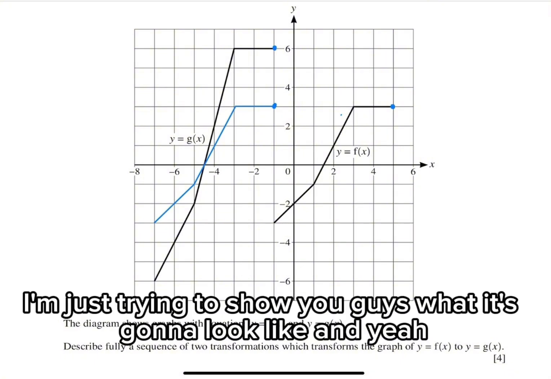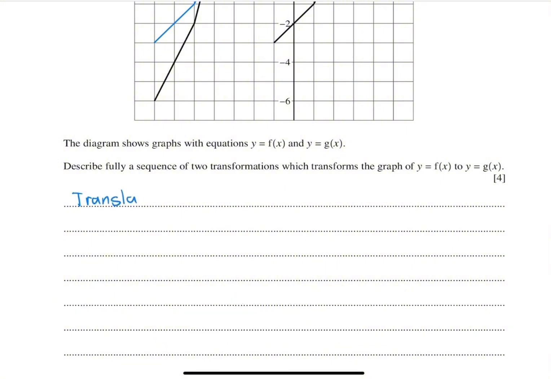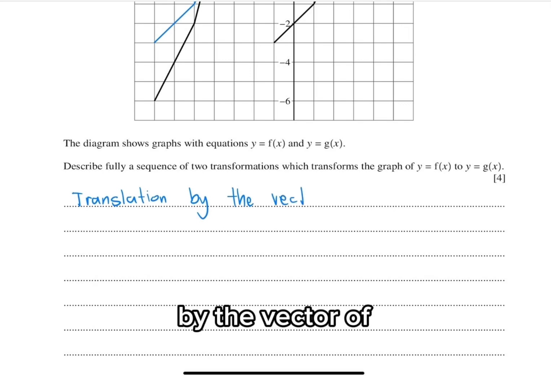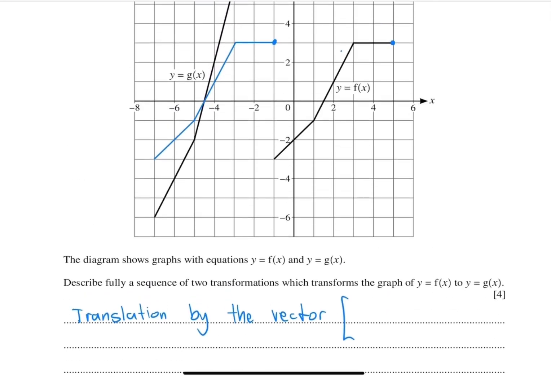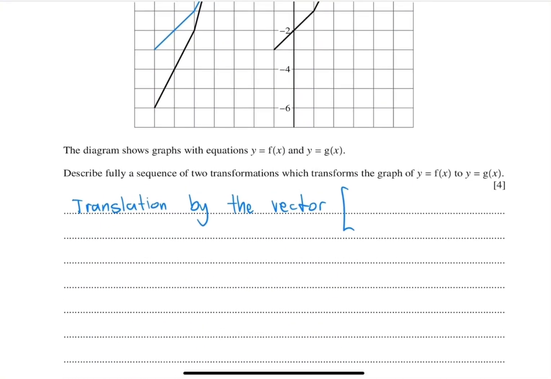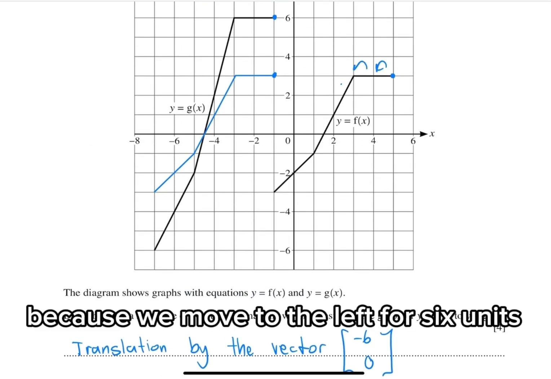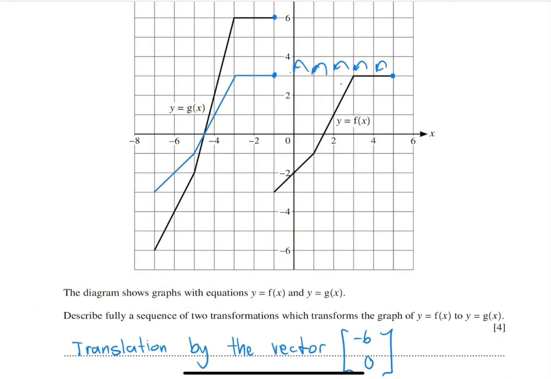I'm just trying to show you guys what it's going to look like. And yeah, let's write down our first transformation, which is translation by the vector of minus 6 and 0, because we move to the left for 6 units, if you remember.